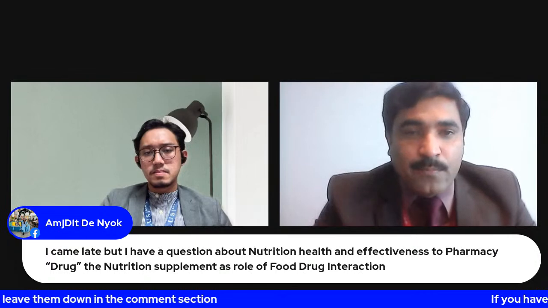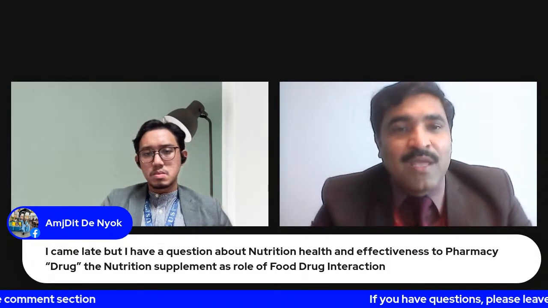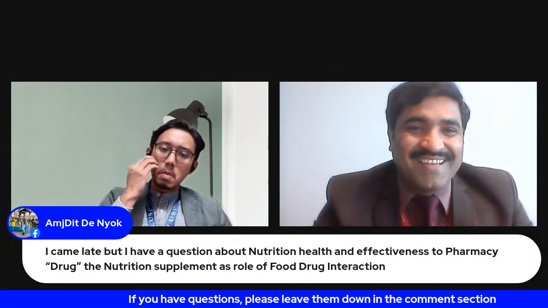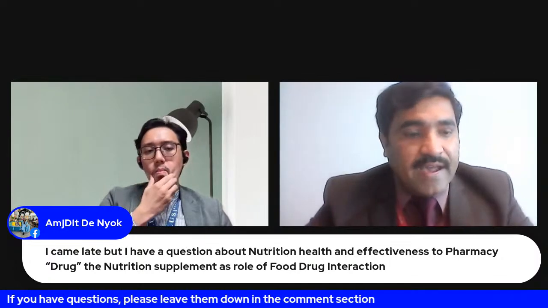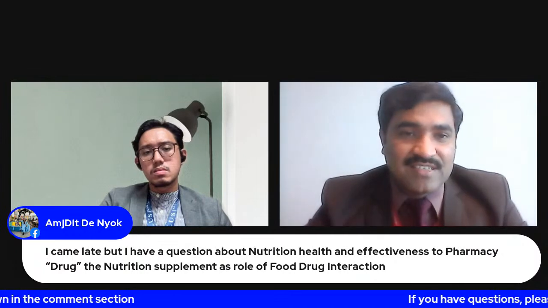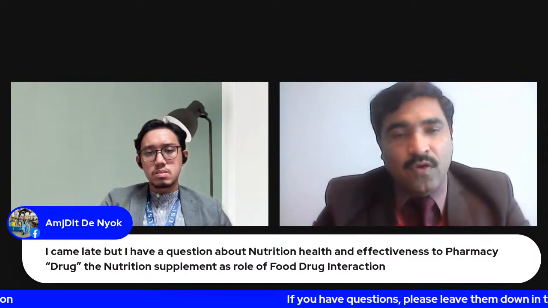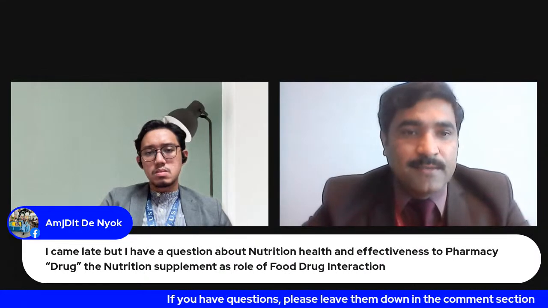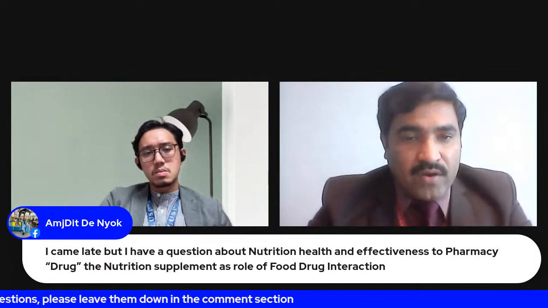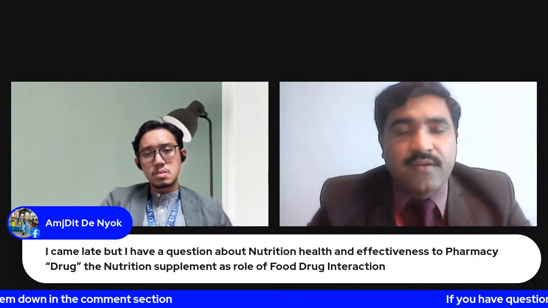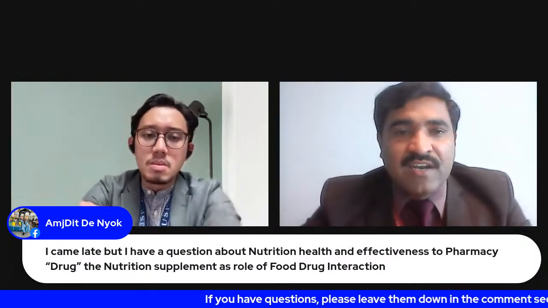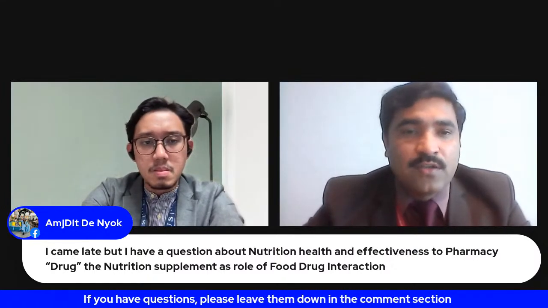It can accelerate the process to achieve the desired outcome, but it cannot meet the desired outcome on its own. So once someone is clinically diagnosed with any clinical condition, then yes, non-pharmacological interventions are suggested, but pharmacological interventions are our mainstay. So it has an add-on role to accelerate further towards achieving the desired outcomes, but relying on nutritional health alone for a clinical condition is not going to be helpful.